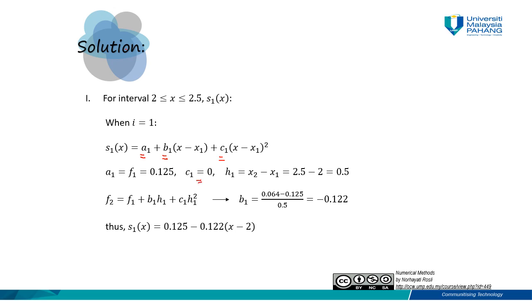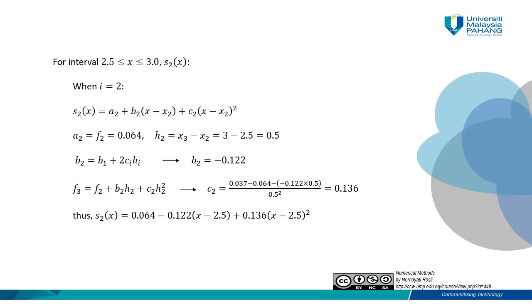H1 is equal to x2 minus x1, so we will have 0.5. And how to calculate our B1? By using this formula, substitute all the values and rearrange. So B1 is equal to minus 0.122. Then substitute back into our S1. So this is our equation S1 from 2 until 2.5.